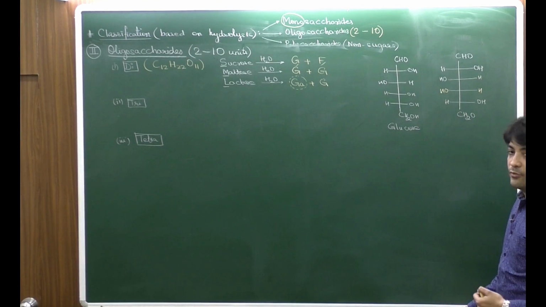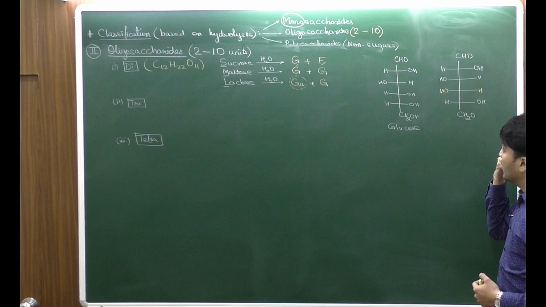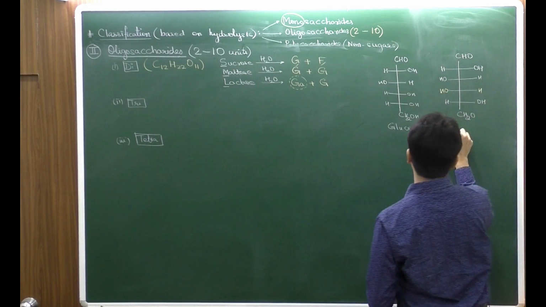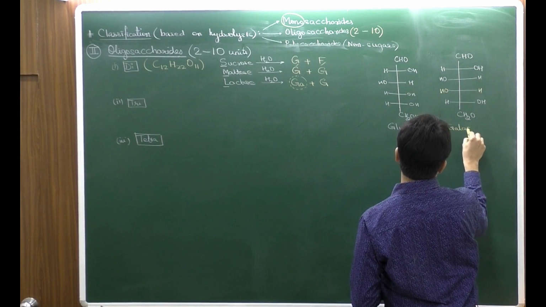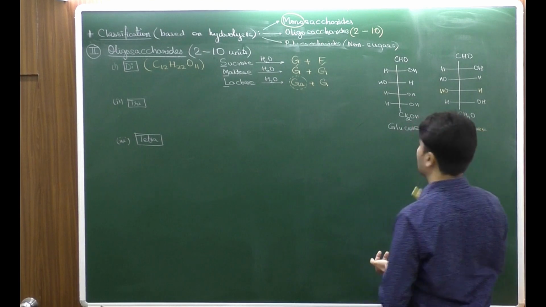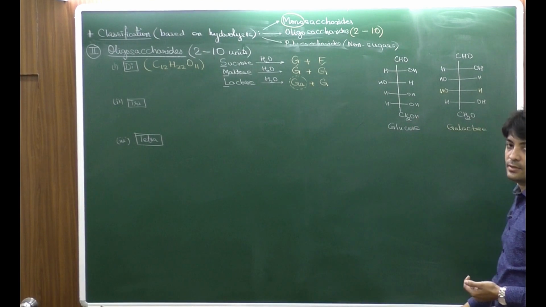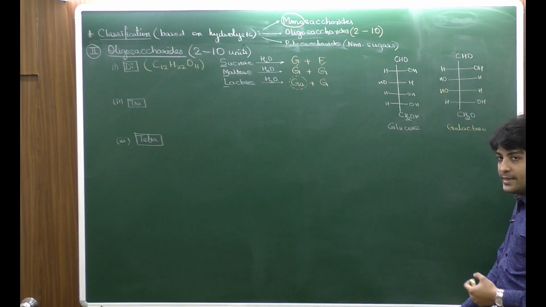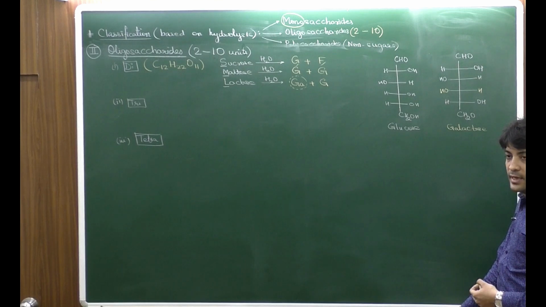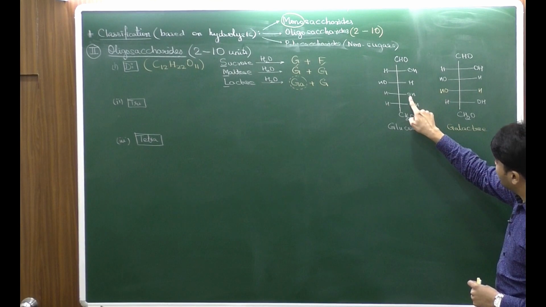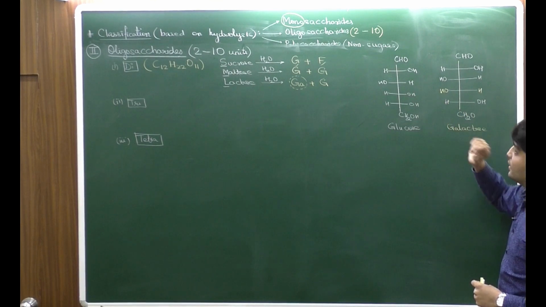Now one thing which is very important. If you look at glucose and this is your galactose, how many chiral centers are having a different configuration? One. I'm asking you, relate glucose and galactose.